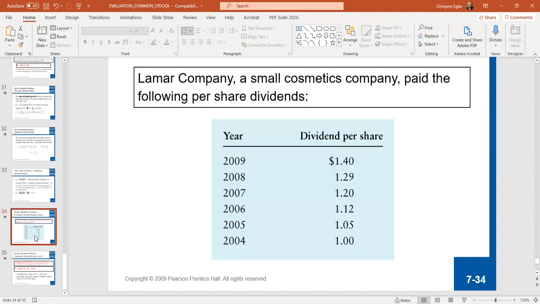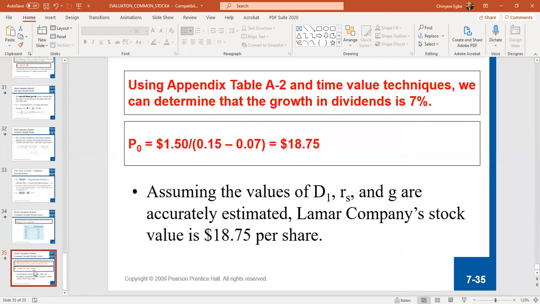Now, how would you calculate growth rates? I'm going to use this example to calculate growth rates. I'm going to take this out because this growth rate is not exactly 7%. It's something close to it.